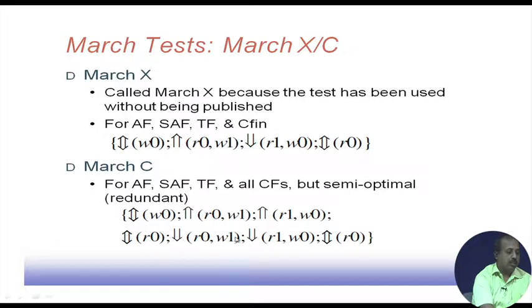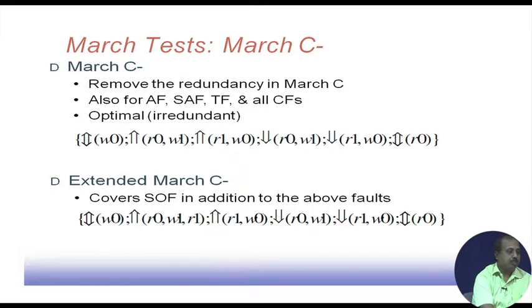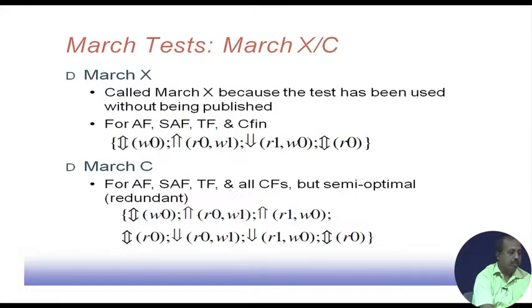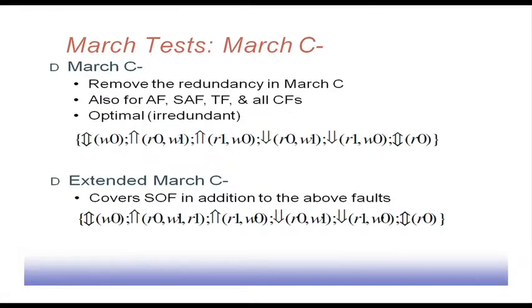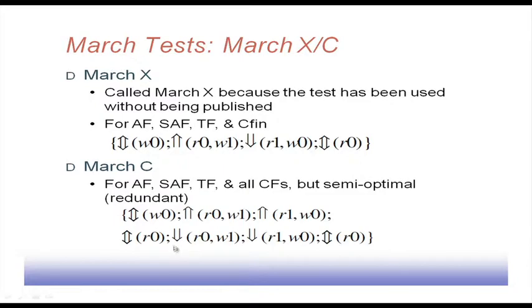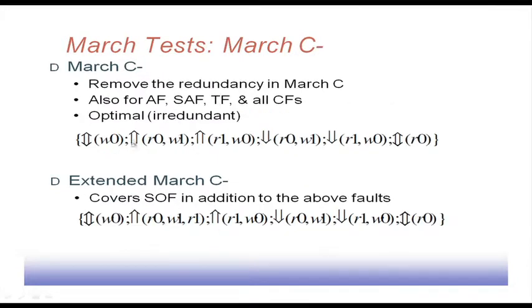So, there is a redundancy. If from March C we remove this redundant part, what we get is March C minus. In March C minus some of these redundant parts are removed. So, this is the March C minus proposal.